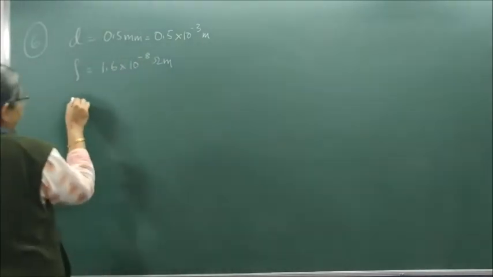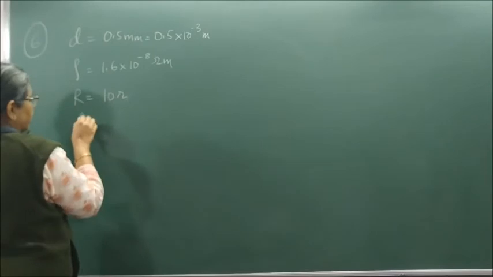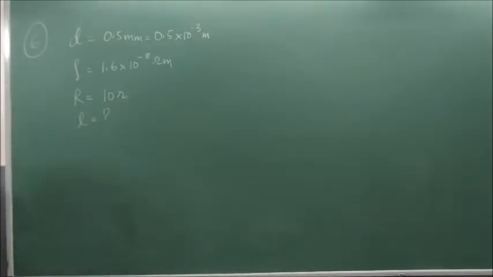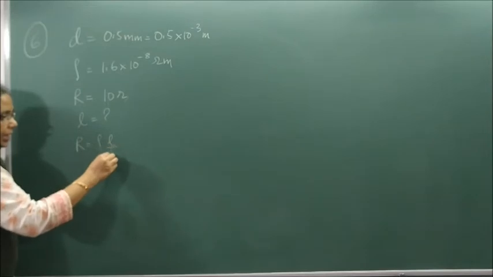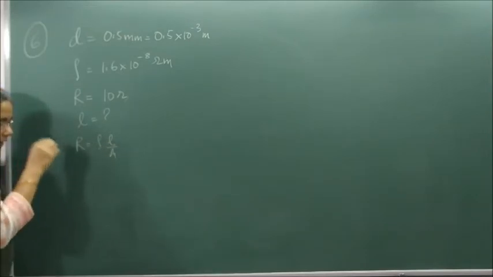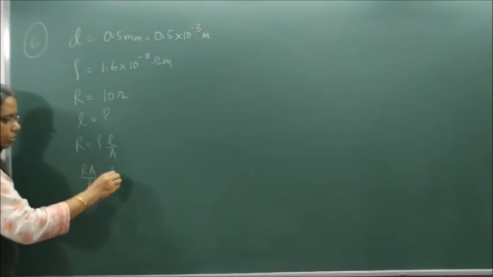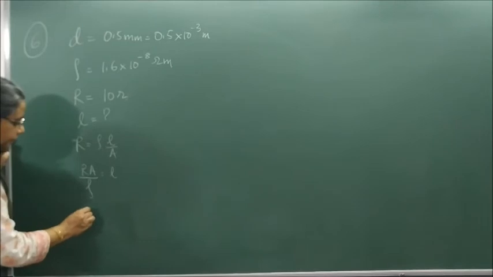So we need to find out L. The resistance is given as 10 ohms. So the first part, let us find out length. What is the formula? R is equal to rho L by A. So RA by rho is equal to L. Correct? So what is R? 10.